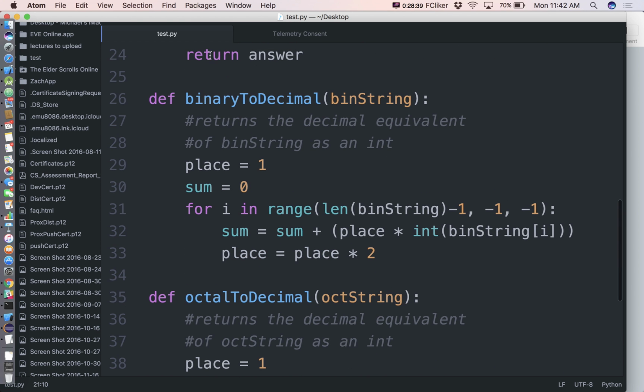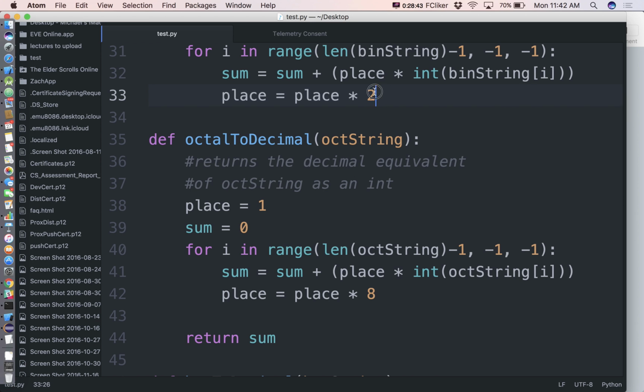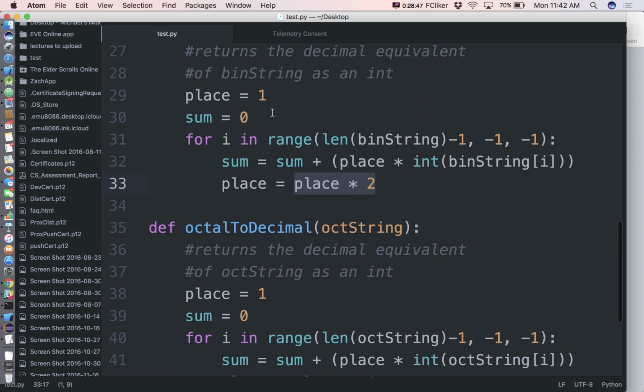Now notice the difference between binary to decimal and octal to decimal was just how we maneuvered the place. Place always started off at 1, whether we were going from binary to decimal or octal to decimal. But as we moved to the left, we multiplied it by 2 for the binary. We multiplied it by 8 for octal.